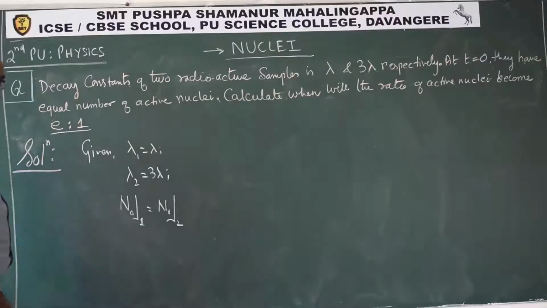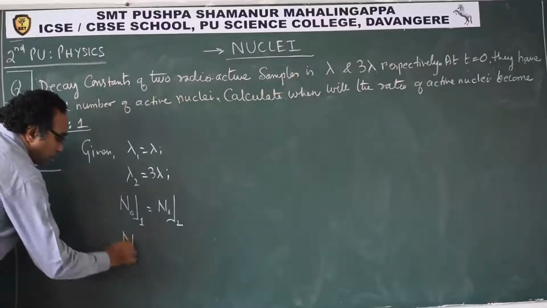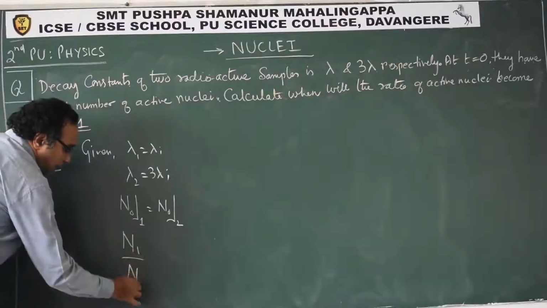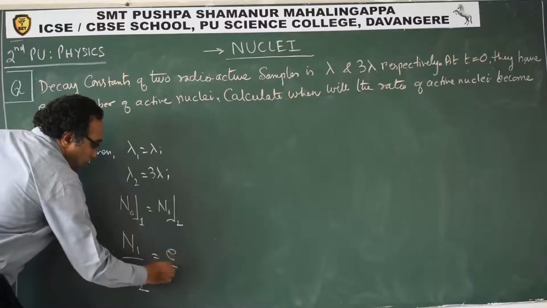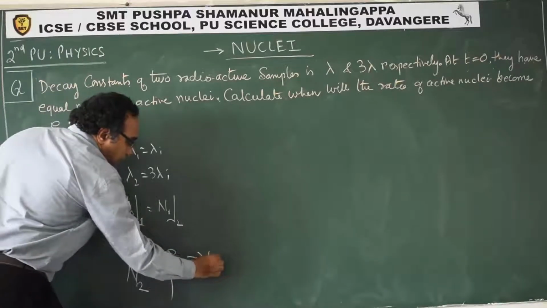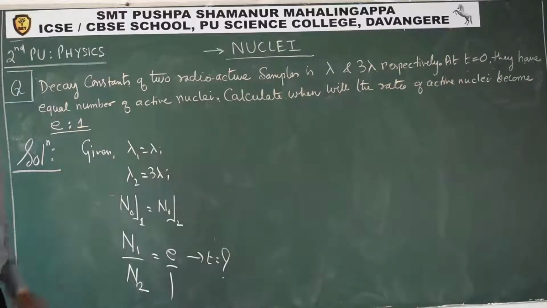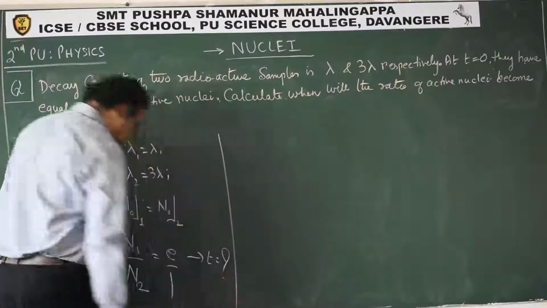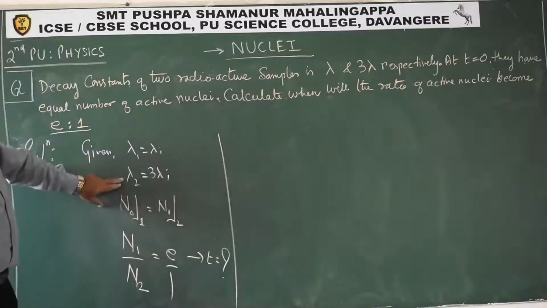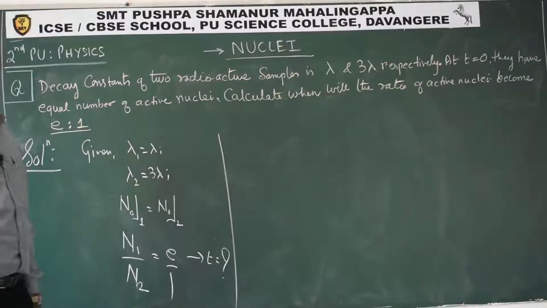Now it says the ratio N1 by N2 should become e by 1. For this, t is asked. This is the question in symbolic form. Now, how to proceed? We have to write N, the number of active nuclei, in terms of the decay constant.